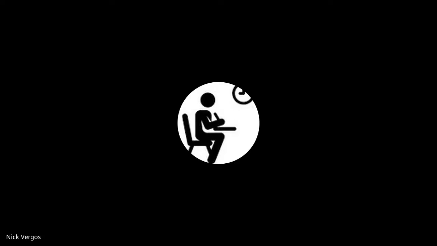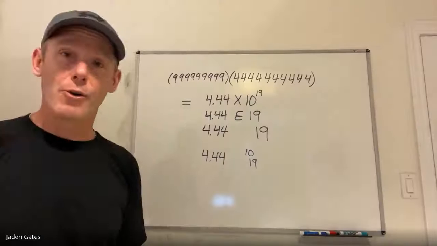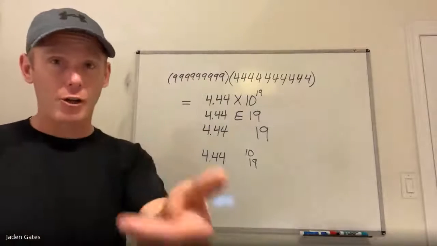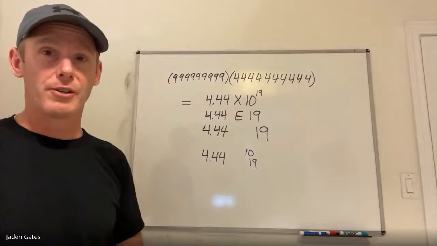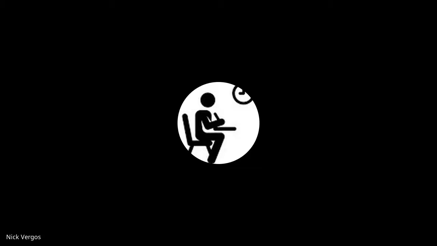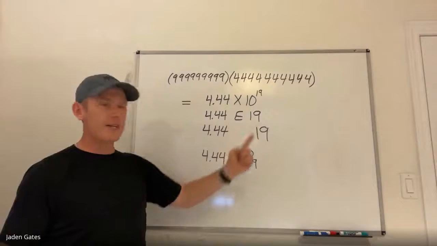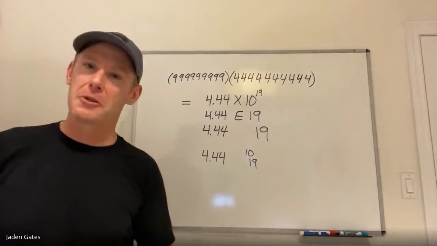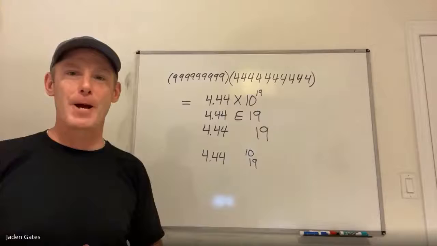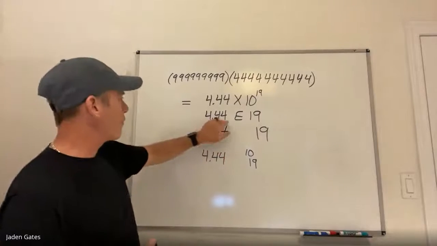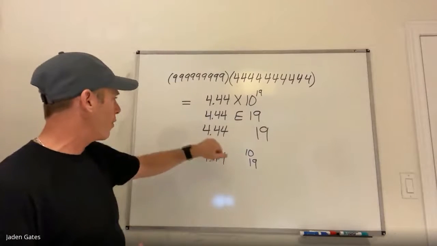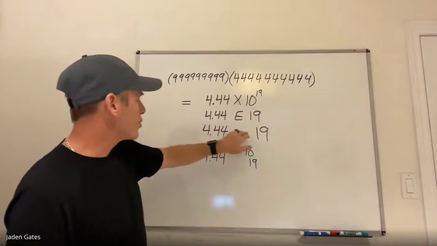So would you just kind of know what we're talking about? Because on a test, I mean, if you saw different answers for one question, right? That's what I'm trying to get you to do: look at your calculator and know what it's talking about. But if you write 4.4 E19, this doesn't really work. So you've got to know that 4.44 E19, or 4.44 space 19.